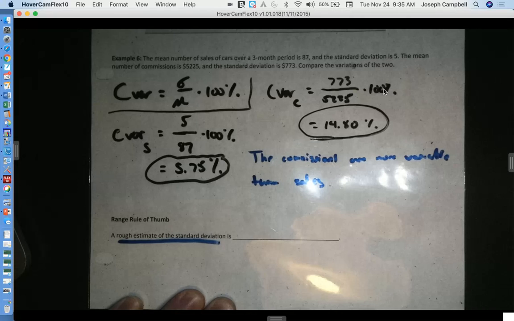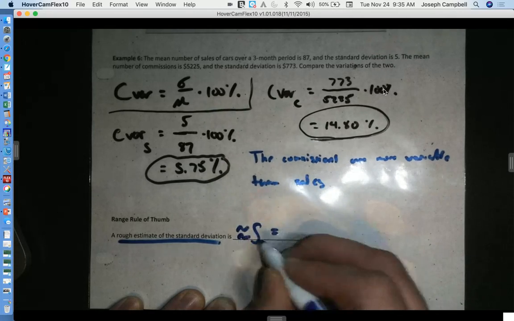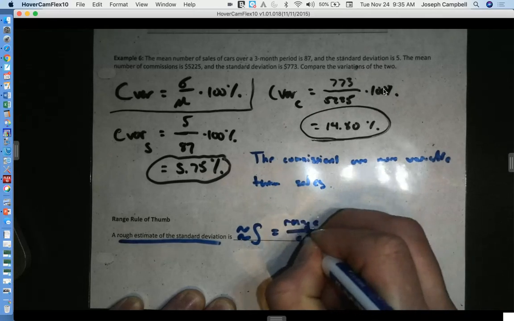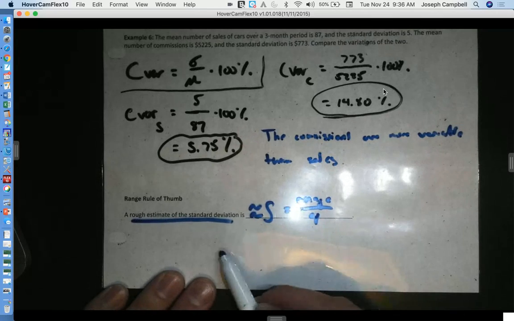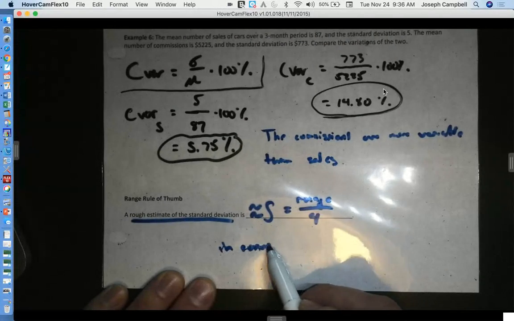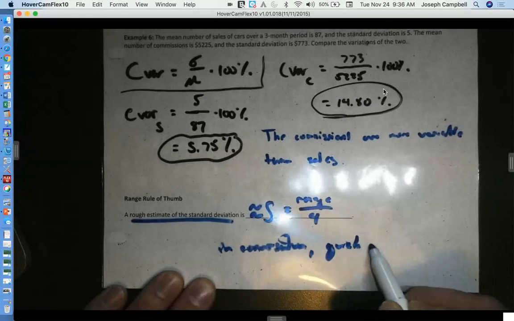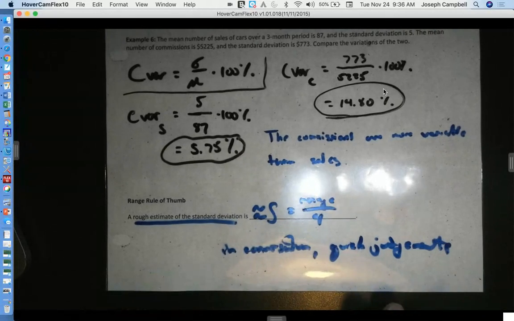Really rough would be this: the approximate standard deviation is equal to the range divided by 4. It's a real rough estimation, but whatever. This is a rule of thumb to quickly approximate the standard deviation. It should not be used in place of the actual standard deviation. This is just for conversation maybe, or for quick judgments. Obviously, its accuracy varies.